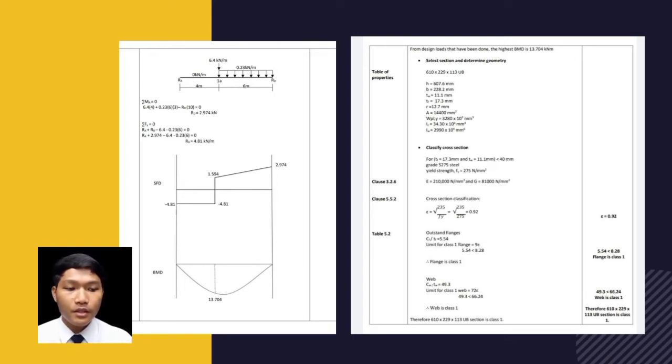That means the flange is class 1. And then we calculate the web, which is 49.3, smaller than 66.24. That means the web is class 1. Therefore the 610 x 229 x 113 UB section is class 1.